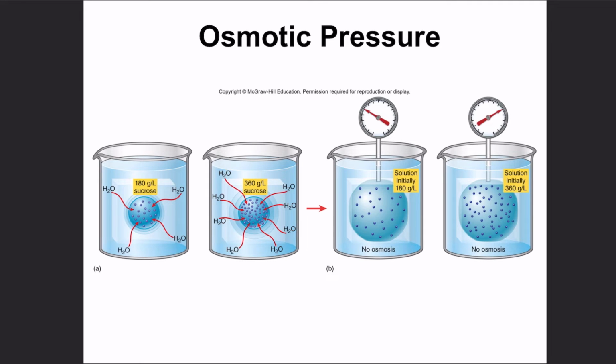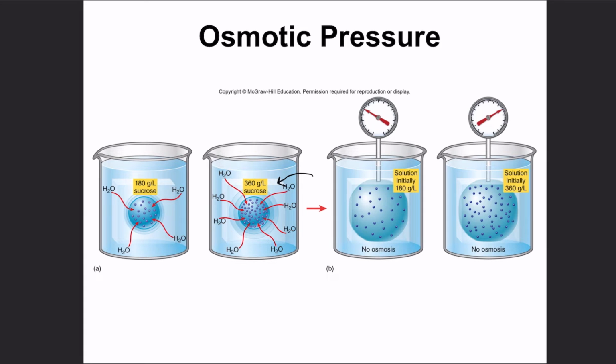So in this example here, you can see that inside this fake cell, we have high concentration. Water is going to go into it because water follows the solute concentration. Notice now, though, that there is this box around the cell. This box around the cell is going to impact how big this cell can get, right?